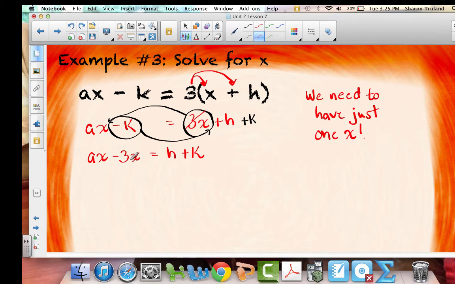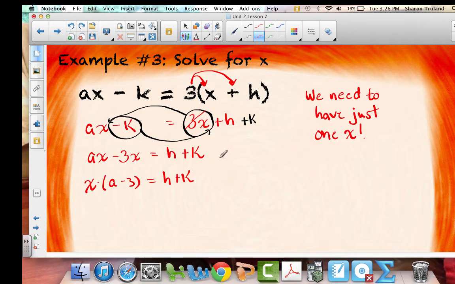I still have two x's. Here's the trick. Sorry. We undistribute. That means this x must have been passed out to an a minus 3. Get it? We passed it out to get ax. We passed it out to get 3x. Now we have only one x. Yeah, I know this is a tough one, but we've got to learn how to handle these.